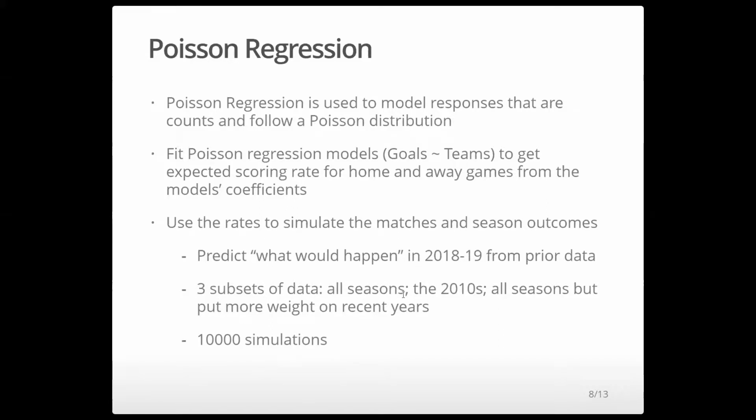Data for all seasons prior to 2018-19, since we were interested in predicting what would happen in that year from prior data, then data from only the 2010s, and lastly, data from all seasons, but we assign weight toward more recent years.